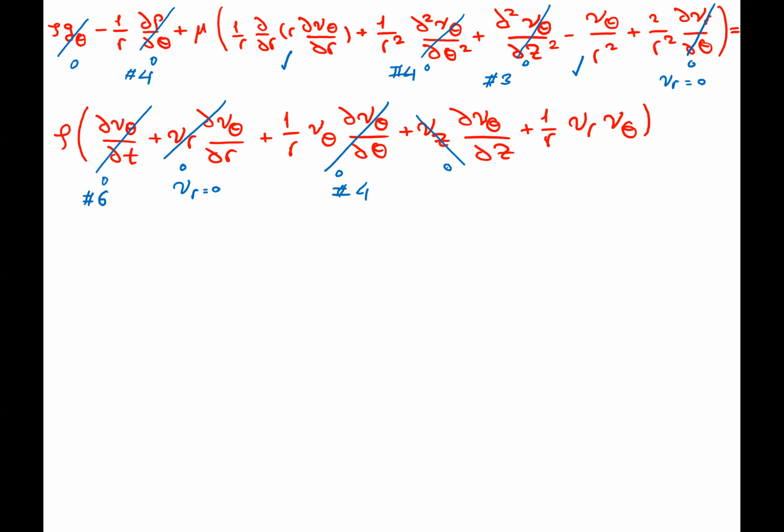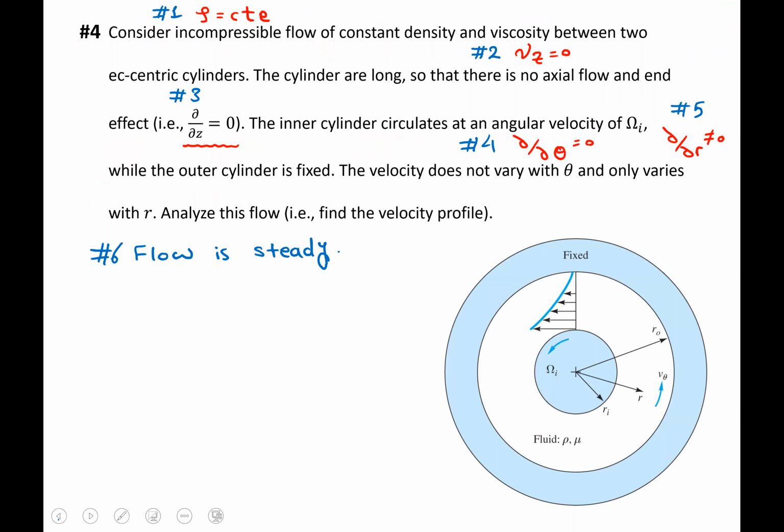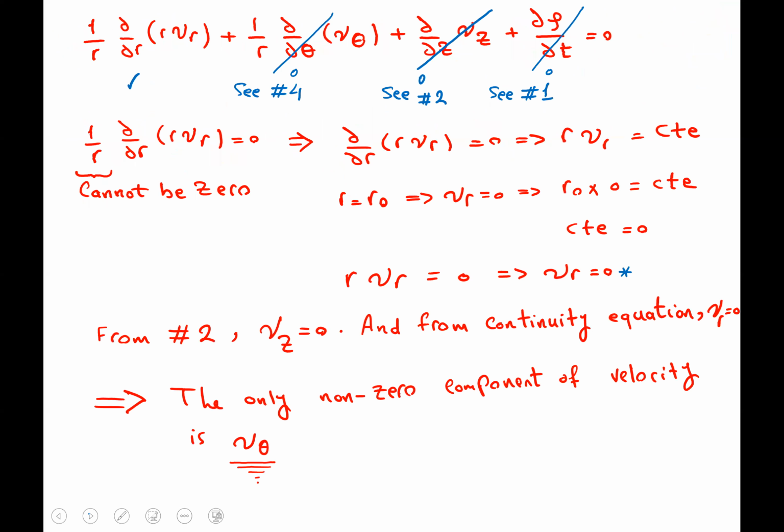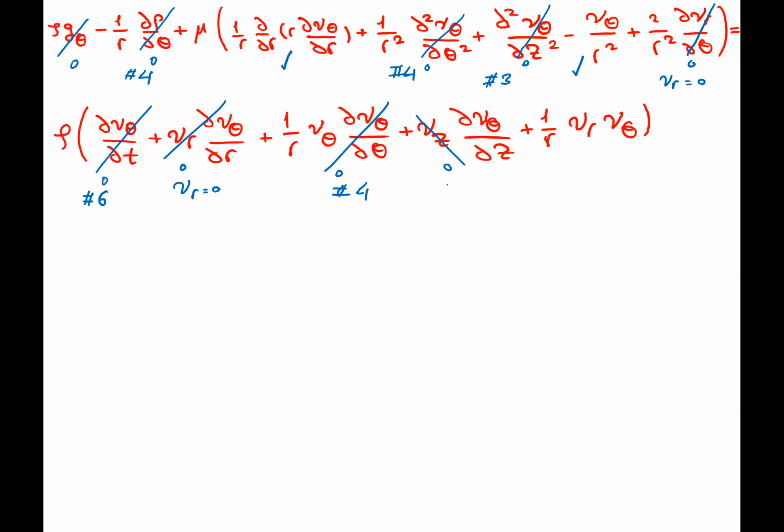We don't have vz. If I go back, this is number 2: there is no axial flow, so vz is 0. So this is because of number 2. And then here we have vr, which is 0. And again, we found this using continuity equation on the previous slide. So we are left with just 2 terms.